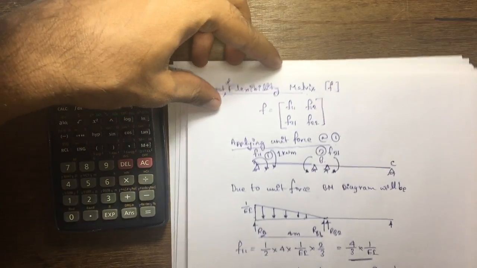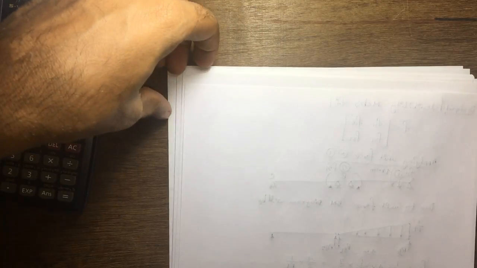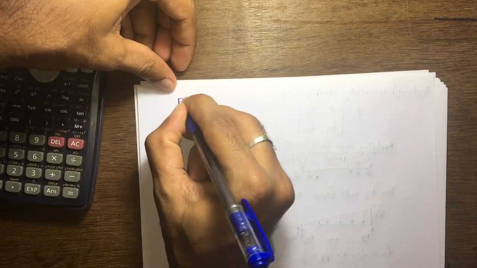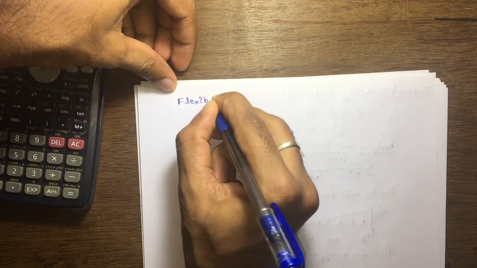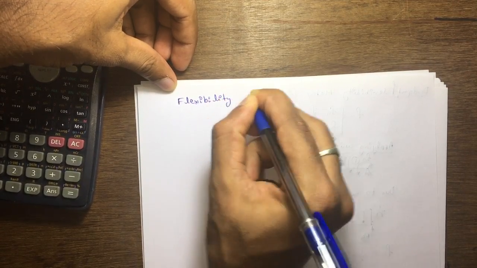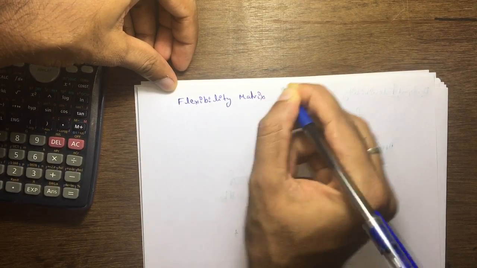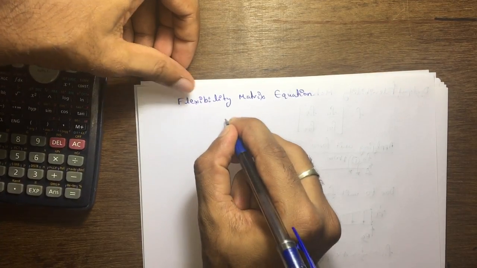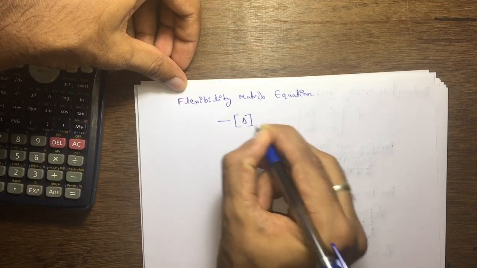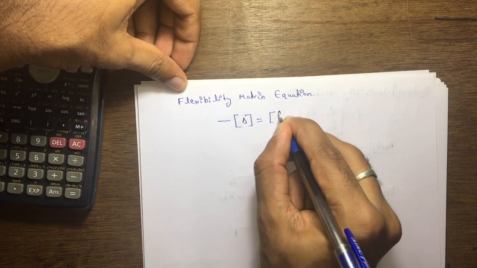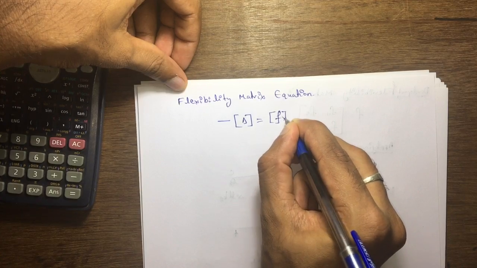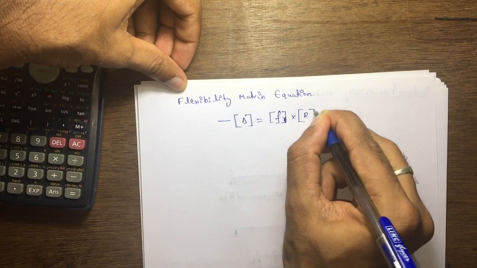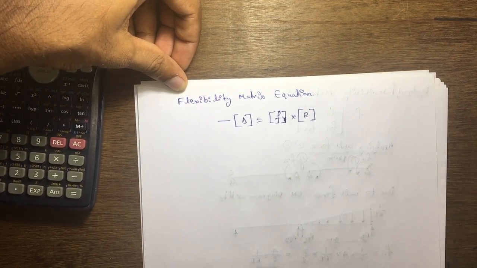So next thing is the flexibility matrix equation. Same as the stiffness matrix equation, we have the flexibility matrix equation. That equation gives minus delta is equal to F into R, where F is the flexibility matrix, and R is the reaction matrix.